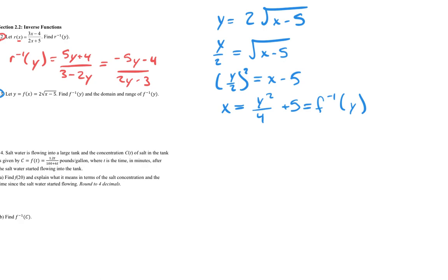So now we just need to find the domain and range. For finding our domain and range, we want the domain and range of our inverse function. And this is a little bit tricky because if we were to just look at this here, it looks like there's nothing stopping our domain. But if we look at what our original function is, our original function looks something like this here.